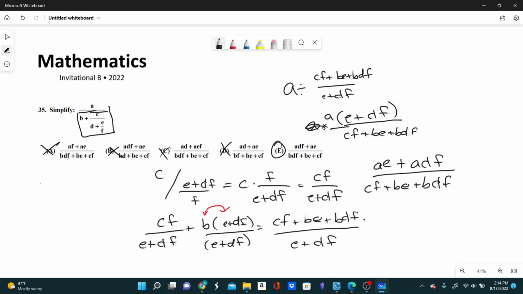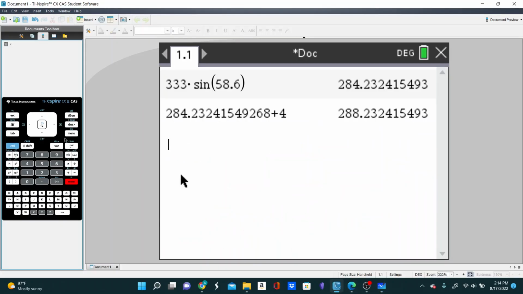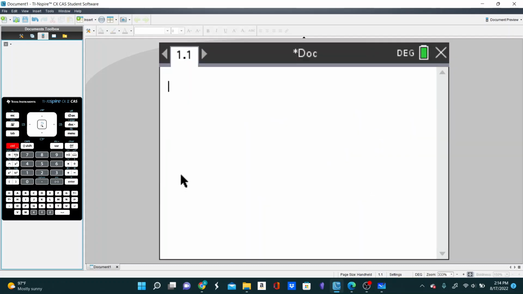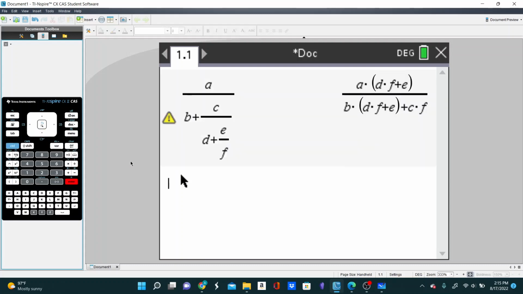And in fact, it's very simple. All you're going to do is just type in this expression. So you have, in your numerator, you have A, and then it's going to be B plus C over D plus, and then E over F. Click enter, and it comes to you in the factored form, but it does most of the work for you.